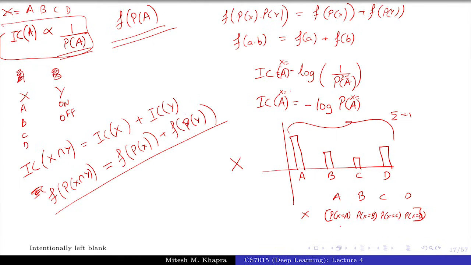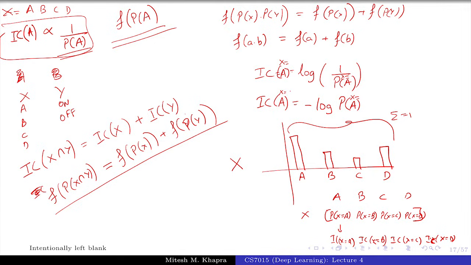Now, what do I also have? I have the information content associated with each of these. And the information content actually tells me the surprise of that event.